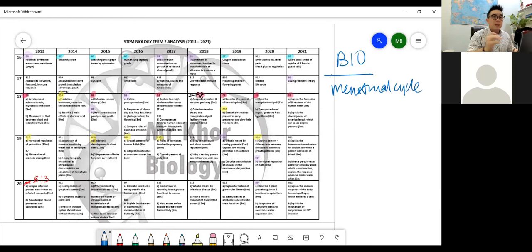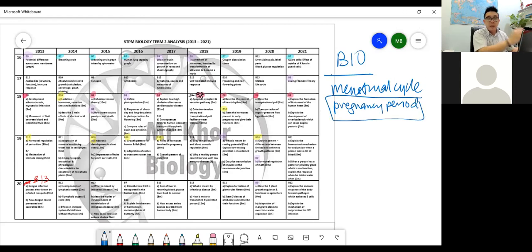But sir, how come they don't really ask menstrual cycle? Because this is coming from SPM. I always tell students, STPM is not 100% new stuff. There's SPM stuff, then there's the new stuff. The new stuff is referring to the pregnancy period, which means embryonic development.